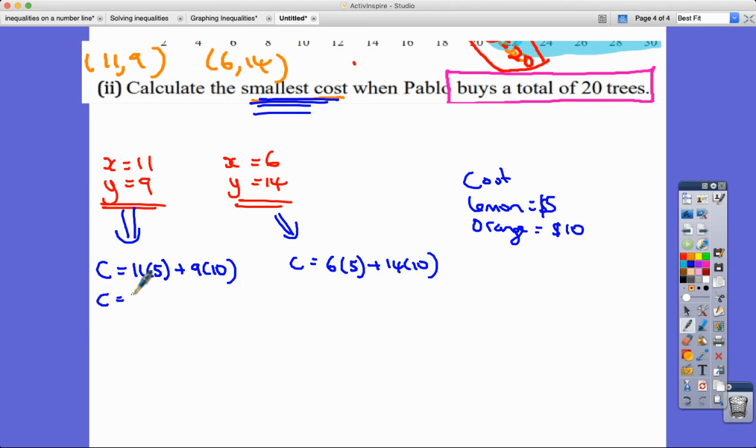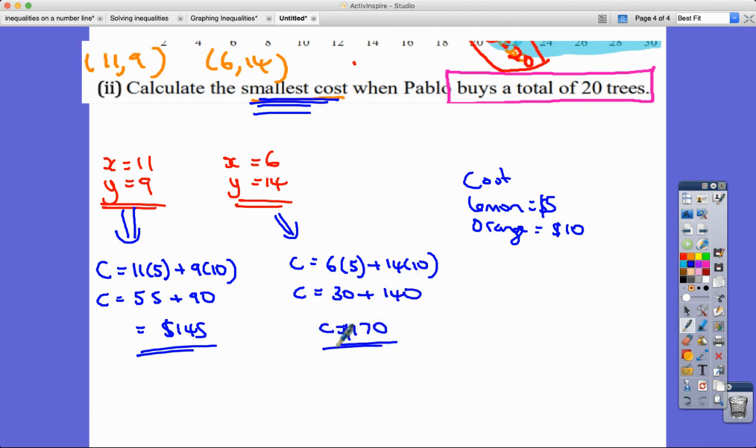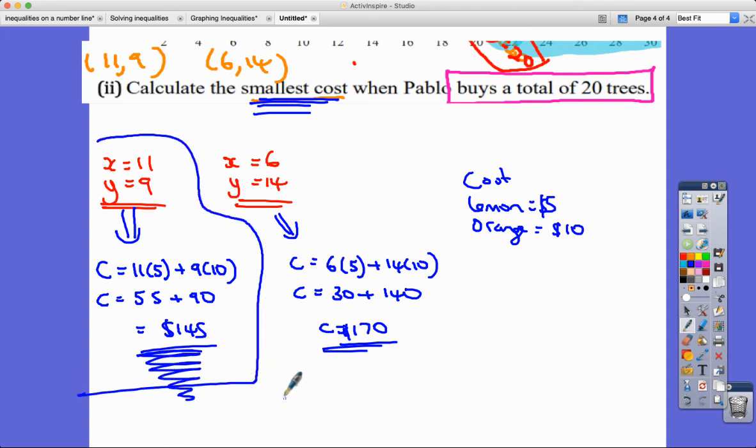The cost here would be 55 plus 90, which is $145. And the cost here would be 30 plus 140, which would give us $170. Okay, so it would be this one. So the answer here would be 145. It's asking us to calculate the smallest possible cost when Pablo buys a total of 20 trees.